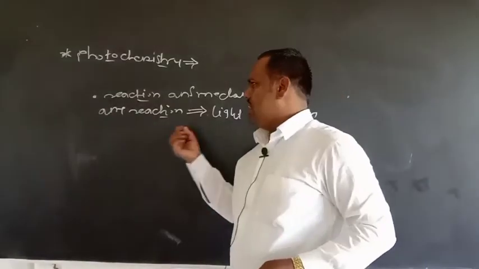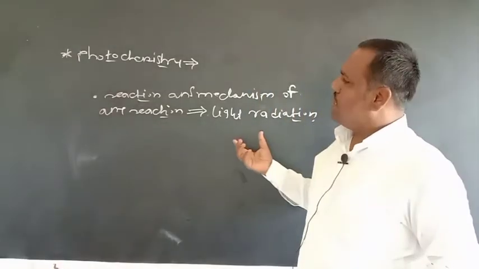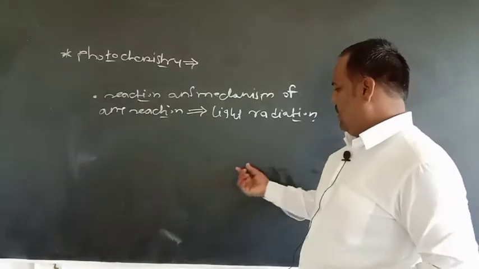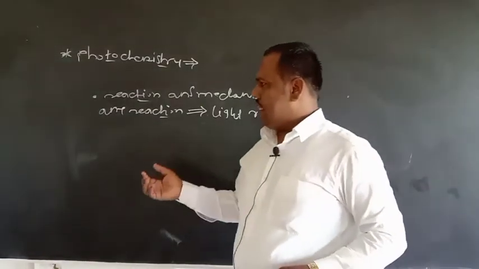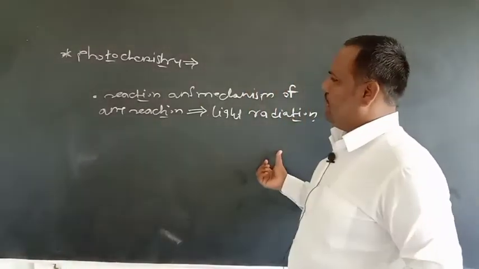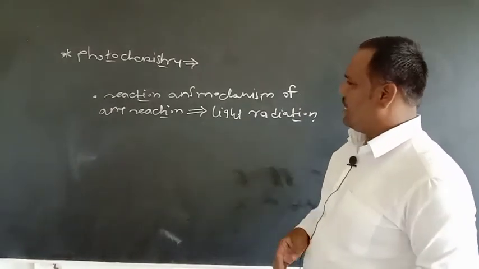The light radiation has a broad spectrum, starting from gamma rays and X-rays up to NMR. So, there is a broad range of light radiation.